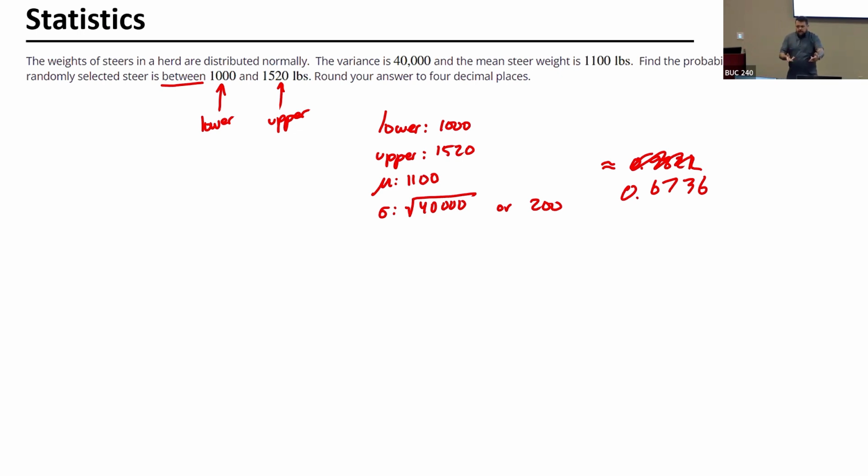What are the odds that the cow that I pick is between this and this weight? That's my exact odds for that, because we're dealing with an exact population we know about. It's not saying we took a sample of something, it's saying we know all this. So that's my odds that we've just calculated of actually getting that kind of steer. So if I want one that's larger, then I'd have to calculate that. But if that's kind of the area that I'm looking for, then there we go.